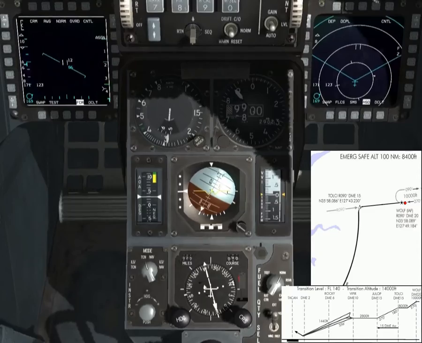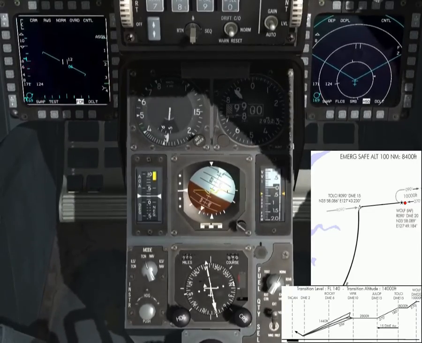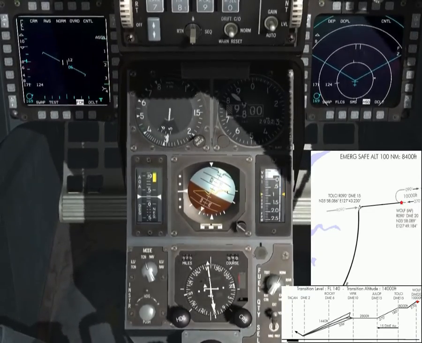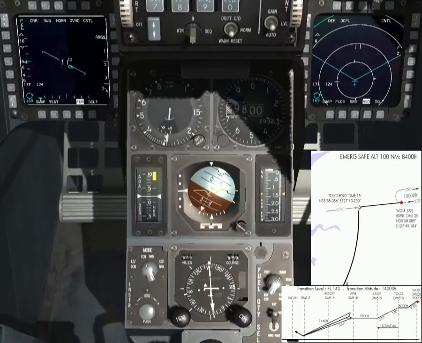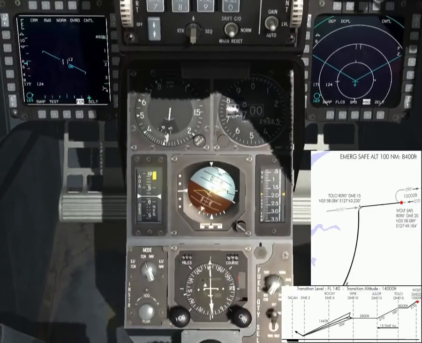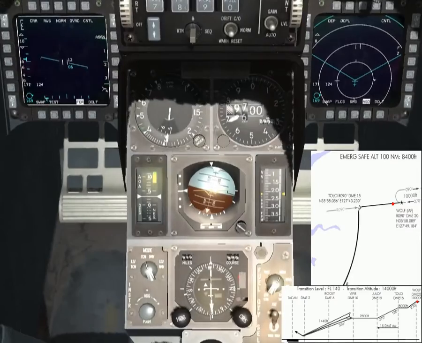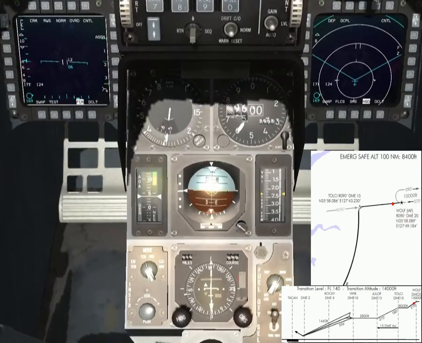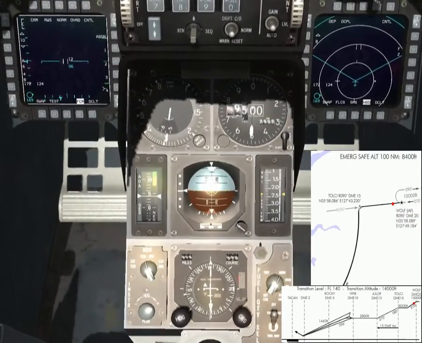So here we are, established on the radial 090 inbound exactly at 20 miles. Passing 19 miles, descending for Tulsi 8,000 feet, and now we must see when we will turn to intercept the 15-mile arc. So time out.